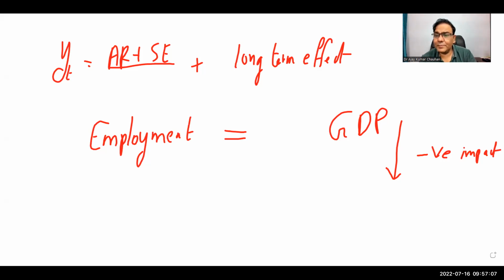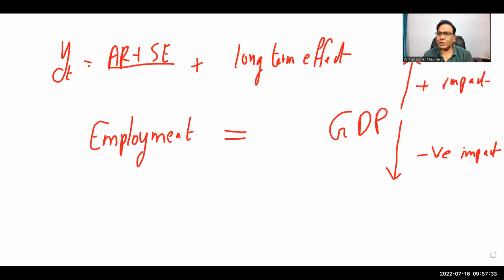But whenever the GDP increases, the companies will not hire the people in the ratio they removed the people when GDP was going down. So the impact of positive movement of GDP is not similar to the negative impact.